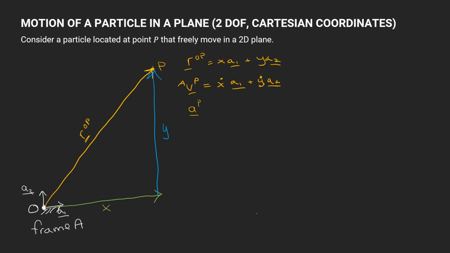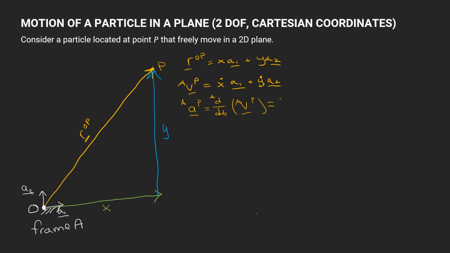But we're going to similarly put a P in the top right corner to indicate that we're taking the acceleration of point P, and a capital A on the left to indicate that we're taking acceleration of point P with respect to frame A. Just like velocity is the time derivative of position, acceleration is the time derivative of velocity. Don't forget that little A for frame A up there. So we'll write this accordingly.